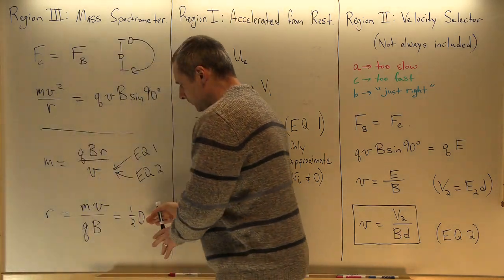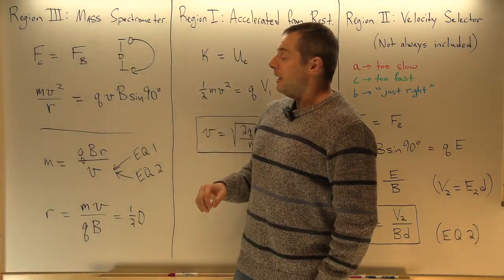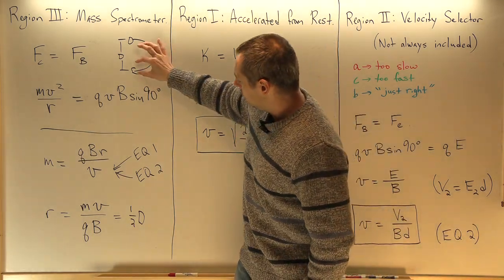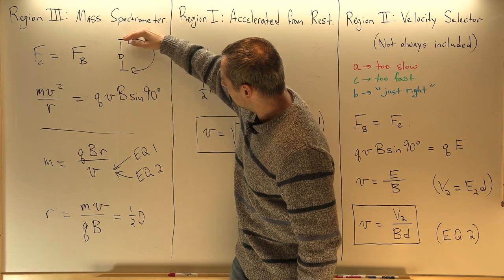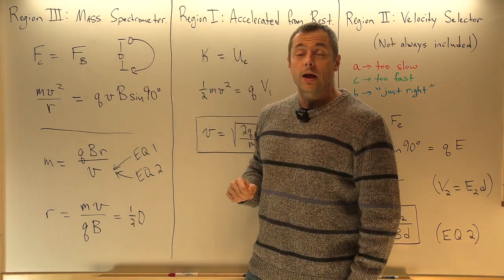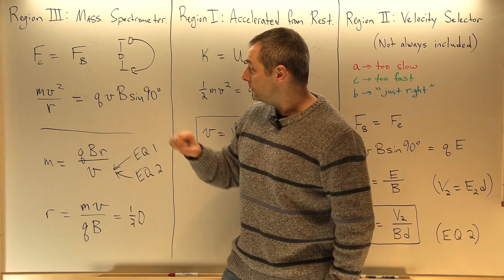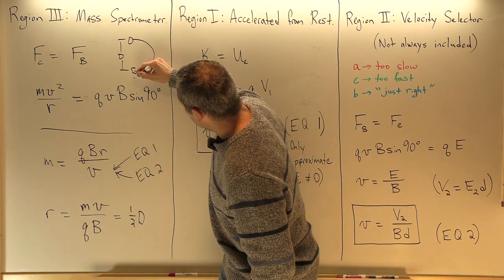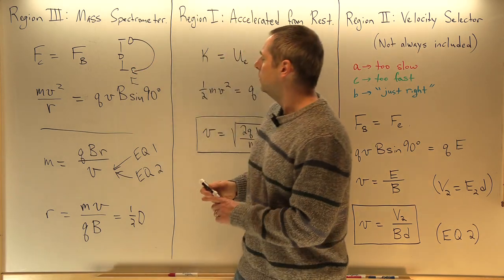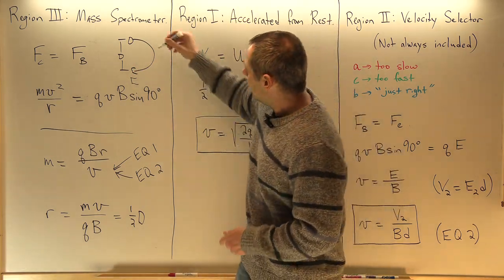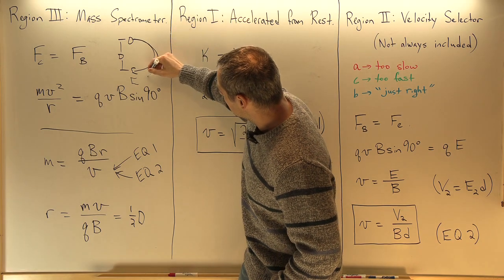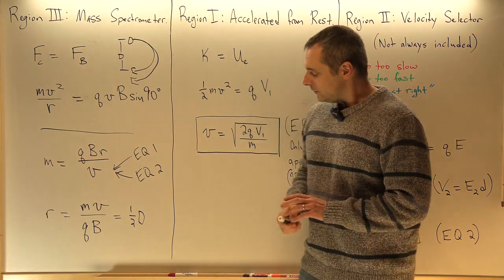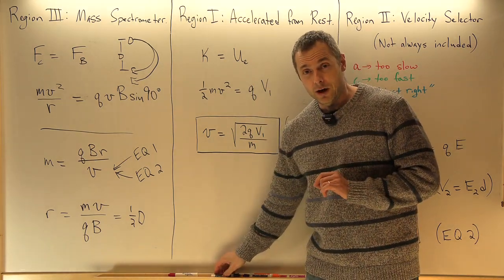So if you solve for this, maybe you want chlorine with a mass number of 35. You would solve for where to put the detector to catch those ions. Or maybe you wanted the ones with the mass of 37. Then you would solve for the radius and find out that if you want to catch the ions with a mass number of 37, you would have to put a detector here, and then those would crash in and you could be collecting those. So that is the mass spectrometer, okay?